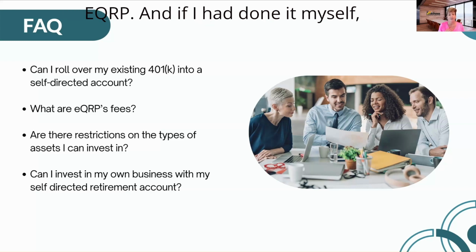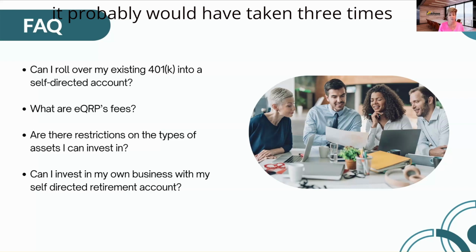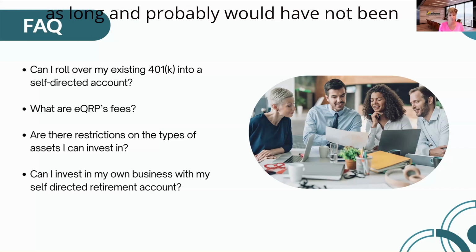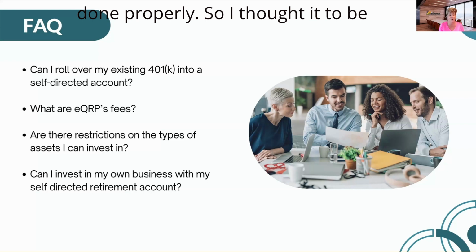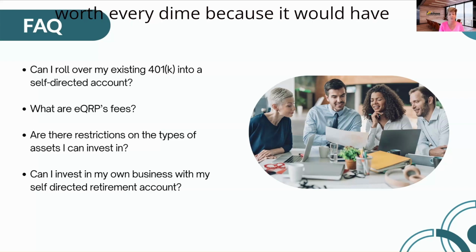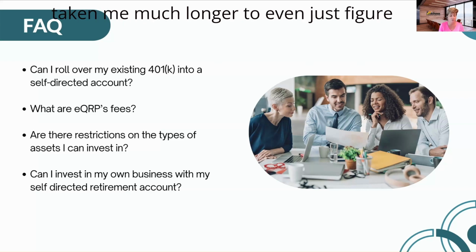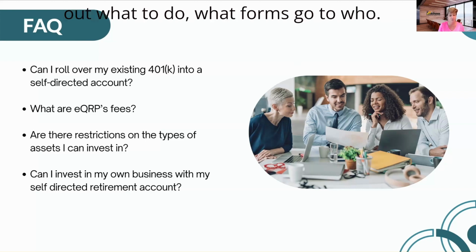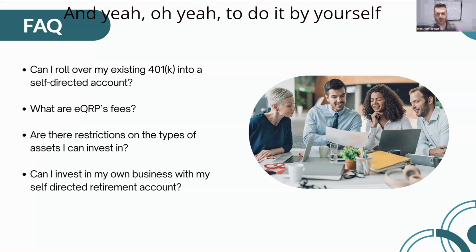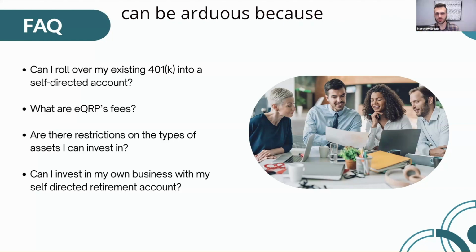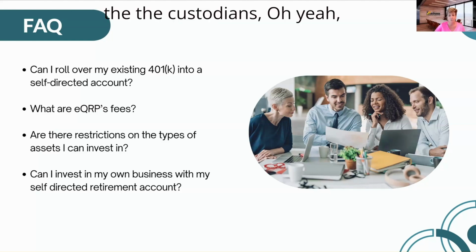If I had done it myself, it probably would have taken three times as long and probably would not have been done properly. I found it to be worth every dime, because it would have taken me much longer to even figure out what to do, what forms go to who. To do it by yourself can be arduous because everybody's custodians are just so busy.